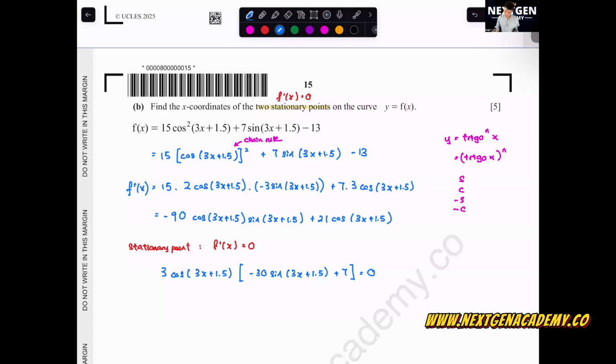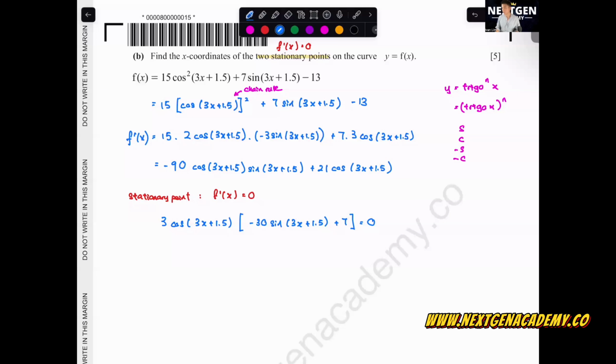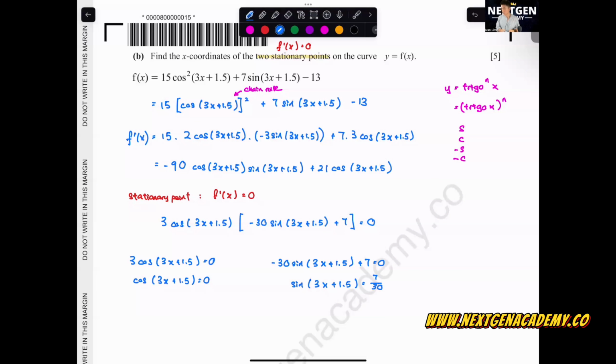Now this is correct. Let's solve for both sides. We got 3 cos 3x plus 1.5 equals to 0, so cos 3x plus 1.5 equals to 0. The other one: negative 30 sine 3x plus 1.5 plus 7 equals to 0. We bring it to the other side. Sine 3x plus 1.5 equals to 7 over 30.